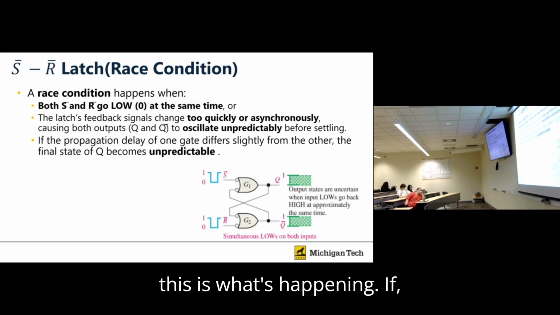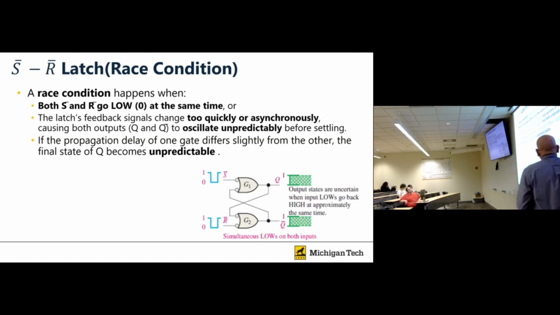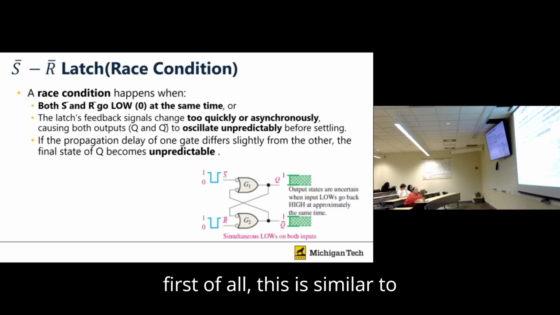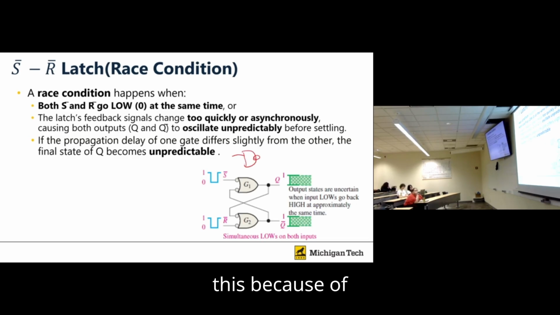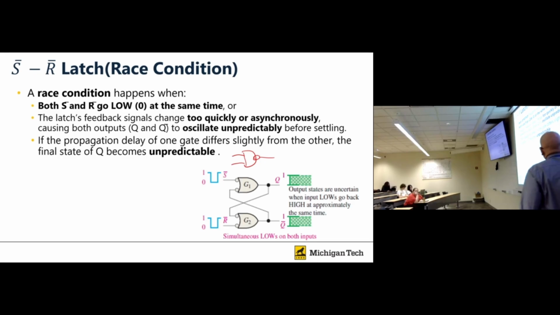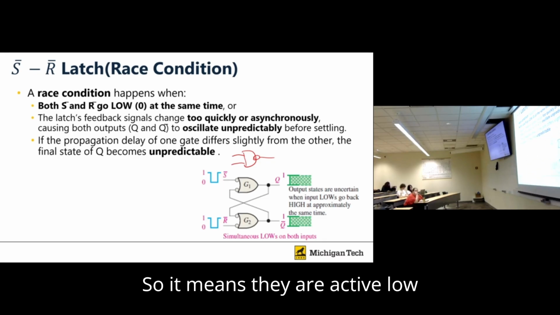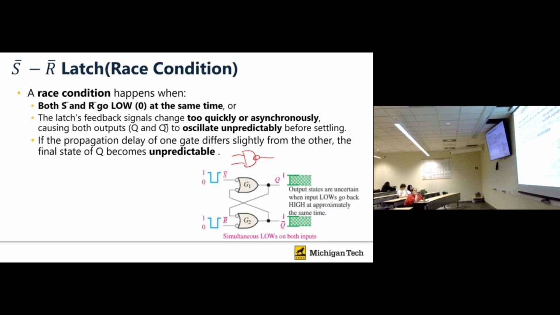Okay, this is what is happening. First of all, this is similar to a NAND. This is similar to this because of De Morgan's law, remember? I don't know if this book says this, but they are the same. So it means they are an active low SR latch.